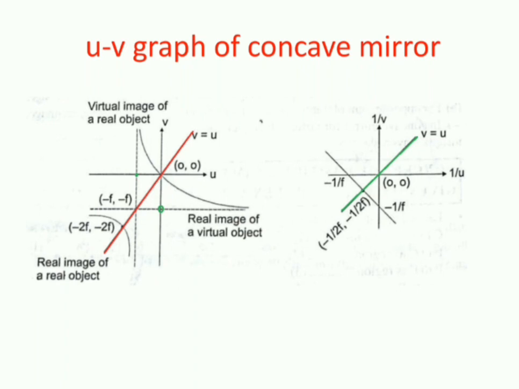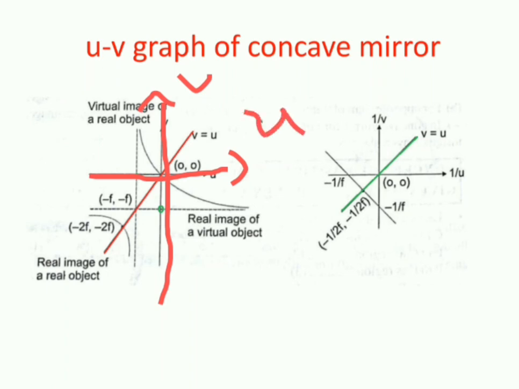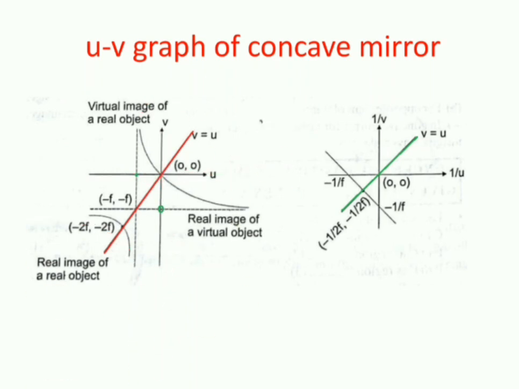So look at the nature of the graph. This is your x-axis representing U, and this is your y-axis representing V. Then what is the nature of the graph for real image and real object? It's a curve. This curve gives you the nature of the graph. As U is increasing, the V value will decrease.